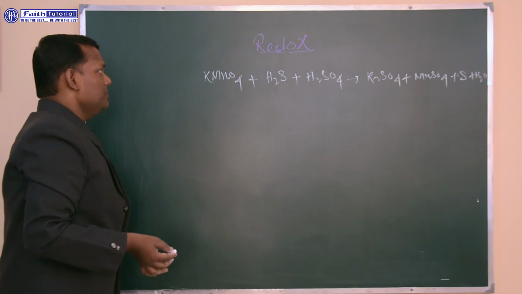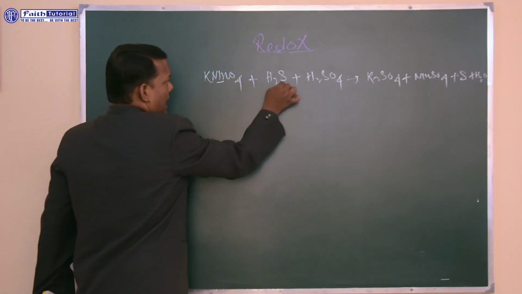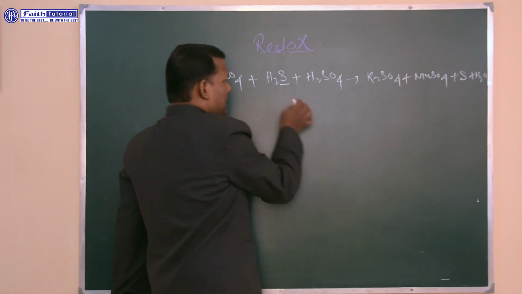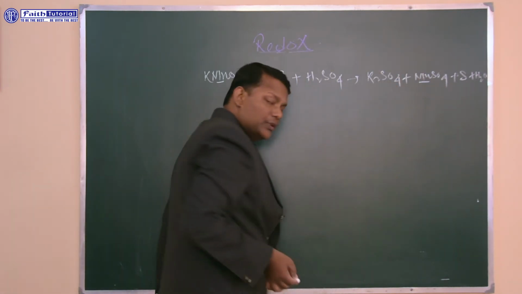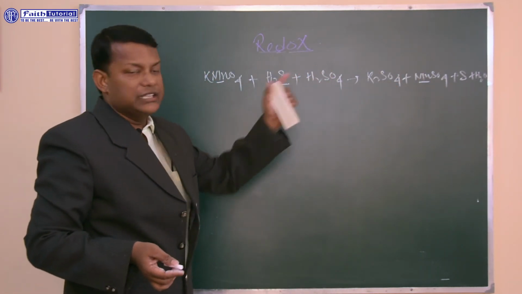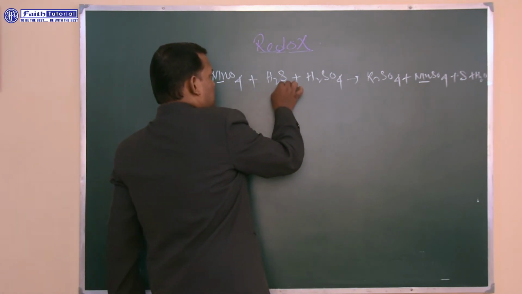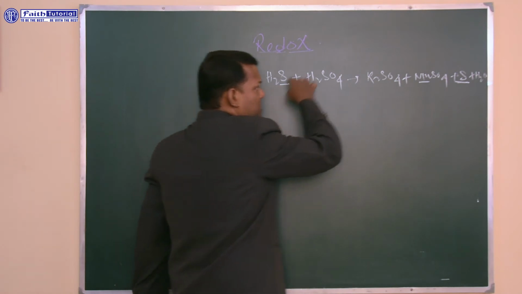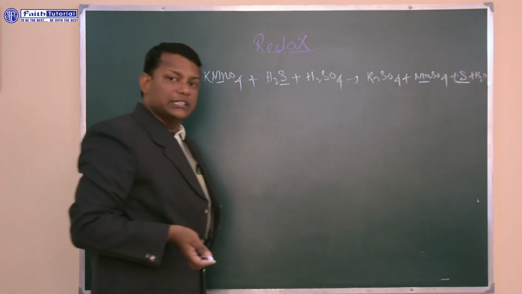In this equation, manganese and sulfur are the variable elements. So from KMnO4 you are getting MnSO4. In MnSO4, manganese is the variable element, and in H2S, sulfur is the variable element. From H2S you are getting sulfur.